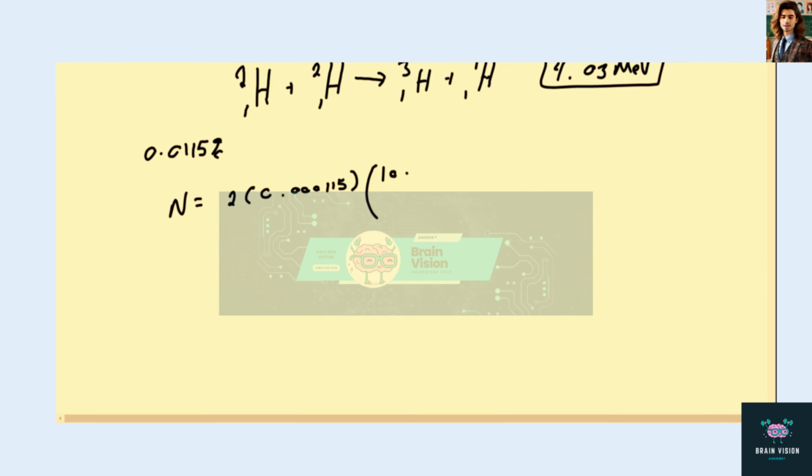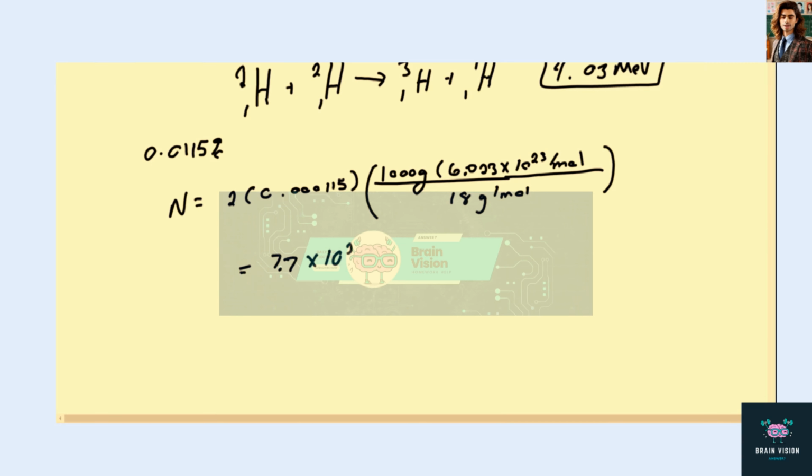We have 1,000 grams times Avogadro's number, 6.023 times 10 to the 23rd per mole, divided by 18 grams per mole. And that's going to be 7.7 times 10 to the 21.